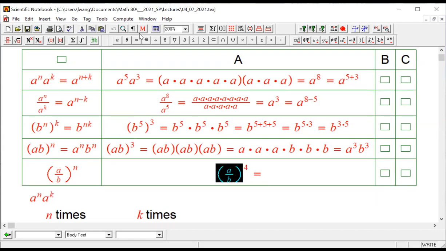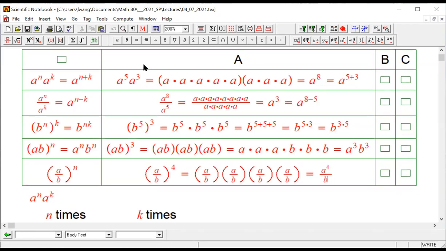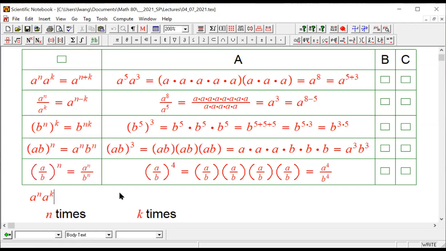Well, A divided by B 4 times. 1, 2, 3, 4. So we're going to multiply all the A's together, multiply all the B's together, so you get A to the power 4 divided by B raised to the power 4. So these are the basics, and we shall continue on Wednesday, but let's wrap this up. Okay, so A to the power of n divided by B raised to the power of n. Boom.